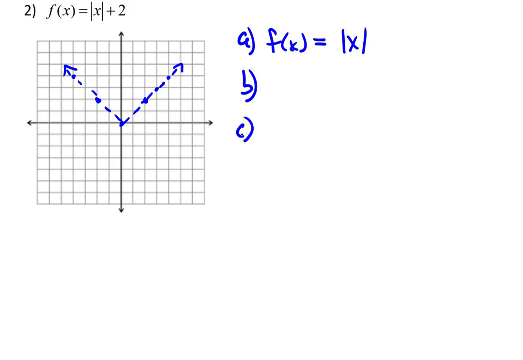Well, as you can see from the equation, when it says absolute value of x plus 2, that plus 2 means we're going to shift up 2 units. So we'll drag every one of the points we have already plotted and just shift them all up 2. We're not moving left or right at all, just straight up 2. And then we'll connect those new points with a solid line to form our new transformed graph.